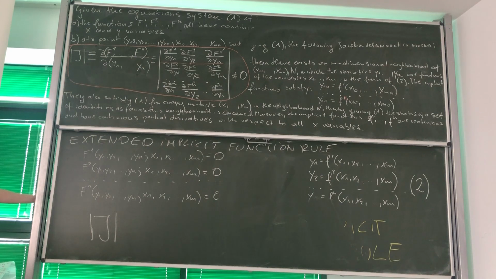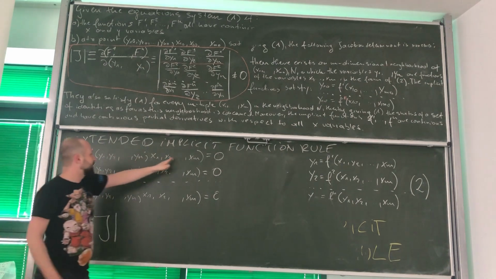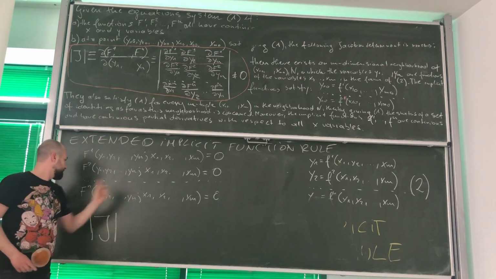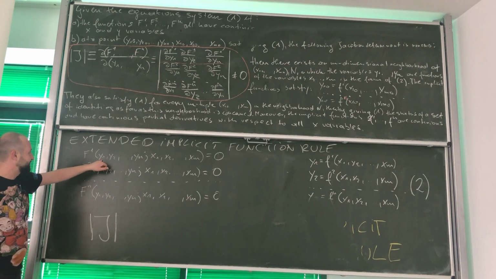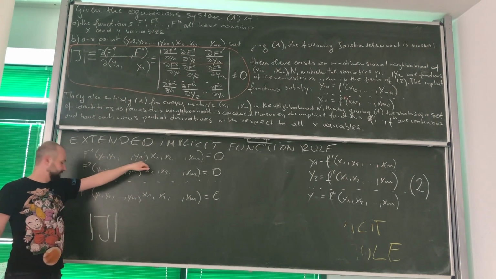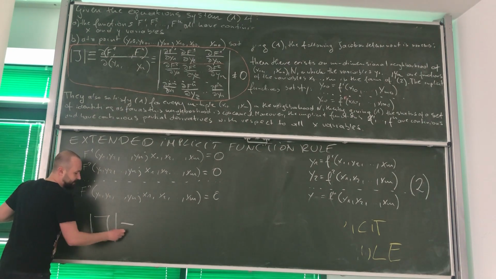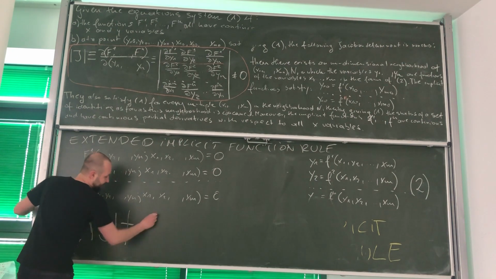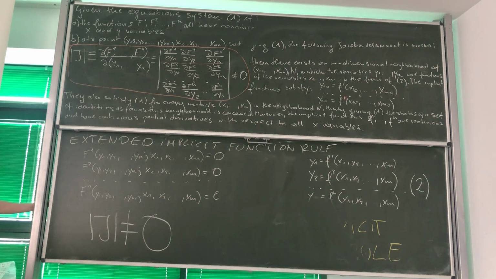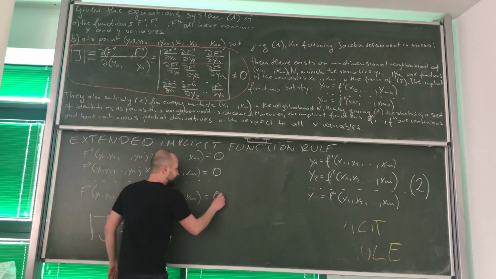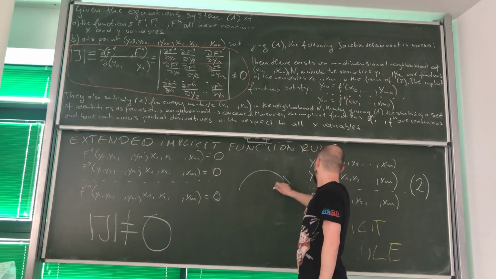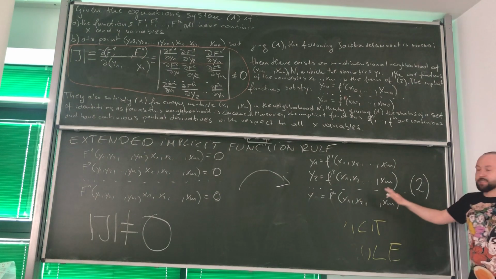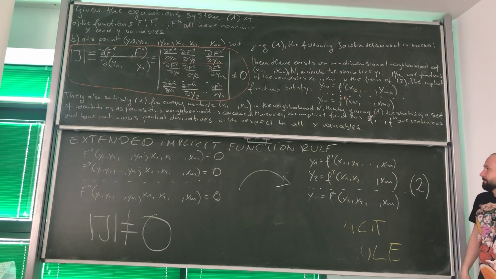So, what would I do? I would take each of these functions and differentiate each of them with respect to all endogenous variables, from y1 to yn. I would calculate the determinant, and if this determinant happens to be different than 0, then we know that this system implies those functions.